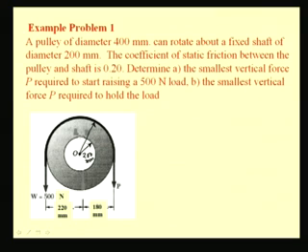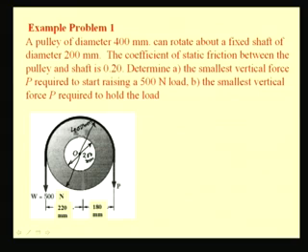This is the radius. So, we have it as 200 mm and the diameter of the pulley is given as 400 mm. The coefficient of static friction between the pulley and the shaft is known as 0.2.